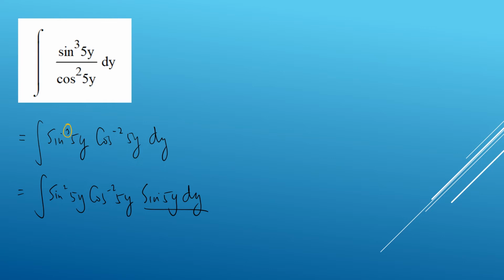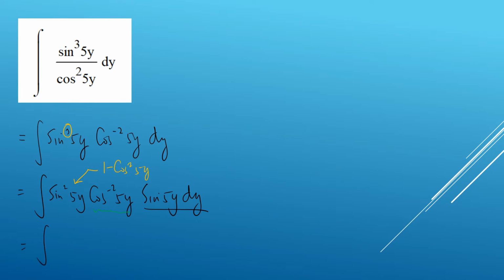So there's nothing that we will do to cosine to the negative 2 5y, because that is already the complementary of sine. It is sine squared 5y that we are going to express in terms of cosine, and that is equivalent to 1 minus cosine squared 5y.